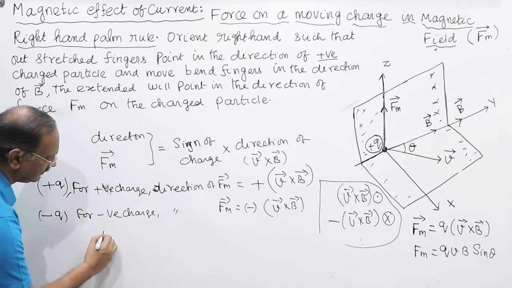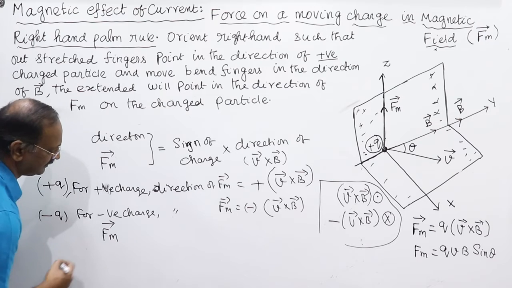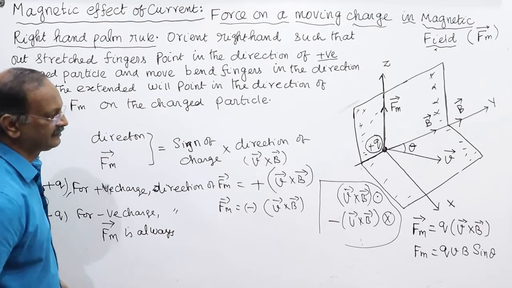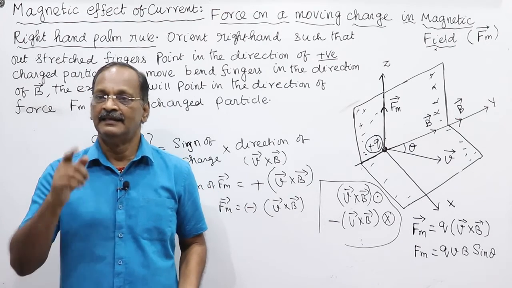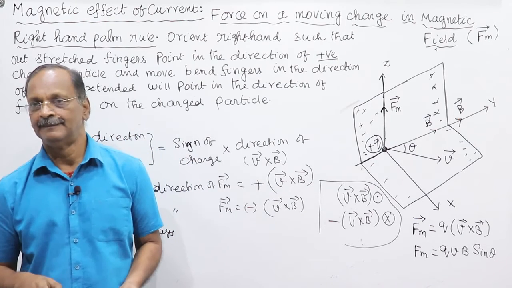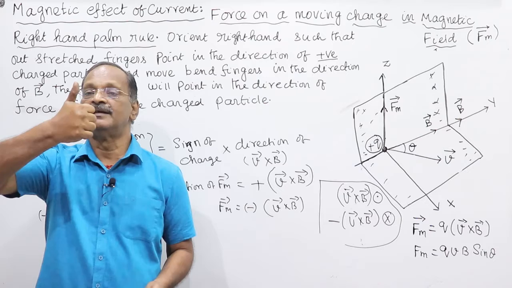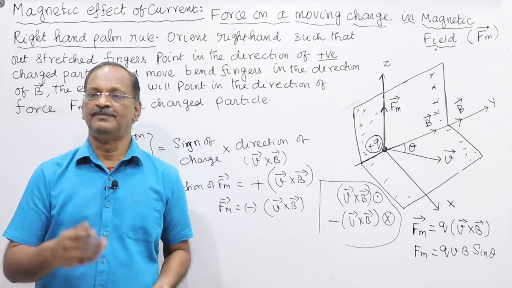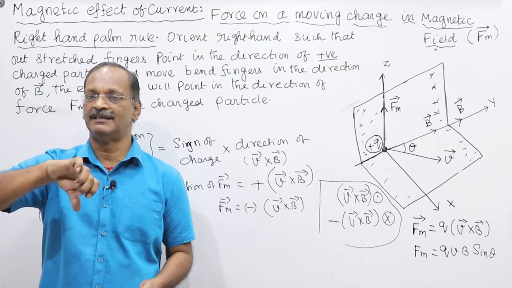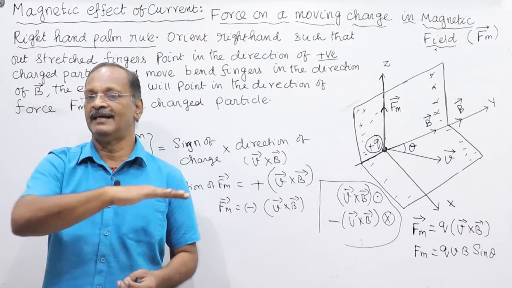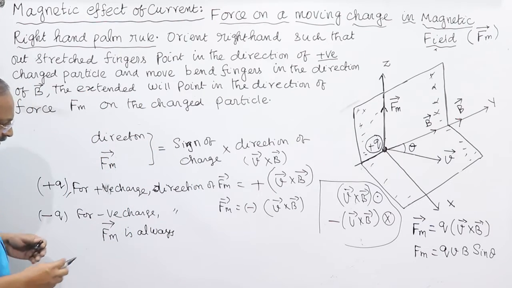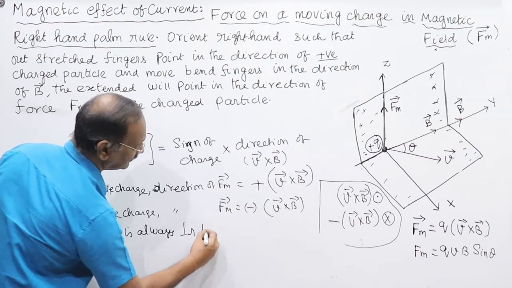and this FM, we have to note from the cross product properties, FM vector is always perpendicular. Because A cross B, where A is a vector and B is a vector, is the cross product of vector A and vector B, and A cross B will always be perpendicular to vector A and vector B. In the same way, B cross A is also a vector, exactly opposite in direction to A cross B, but also perpendicular to the plane containing A and B. So FM is always perpendicular to what?